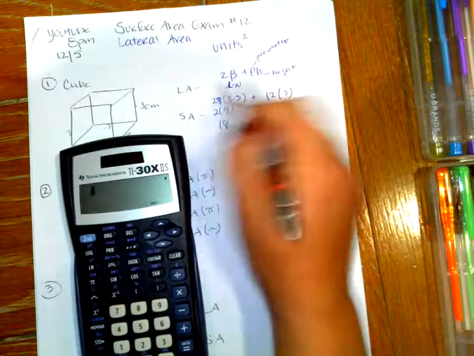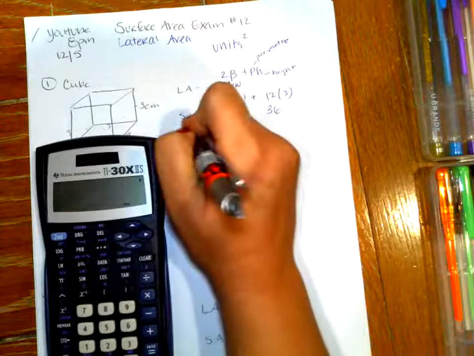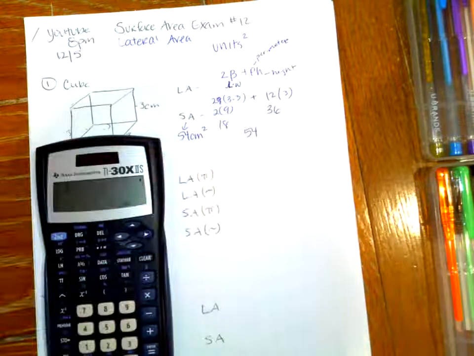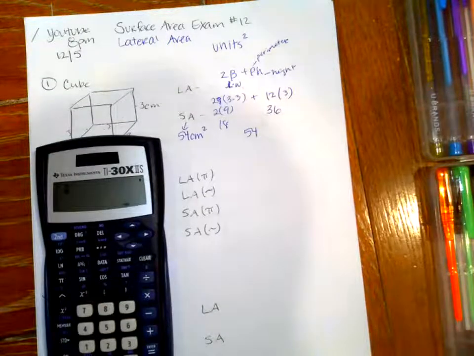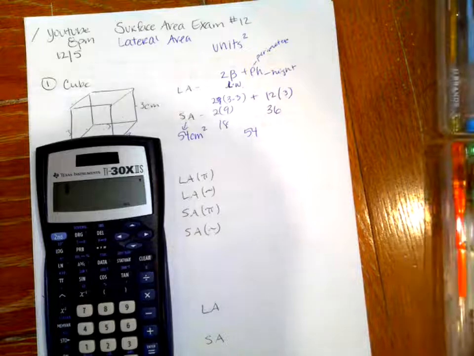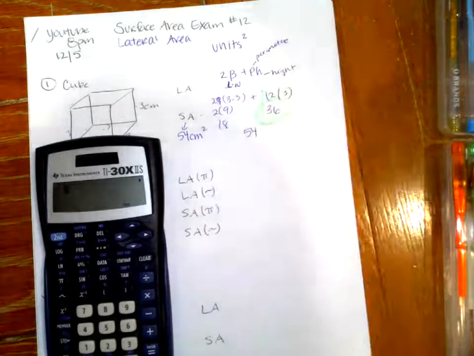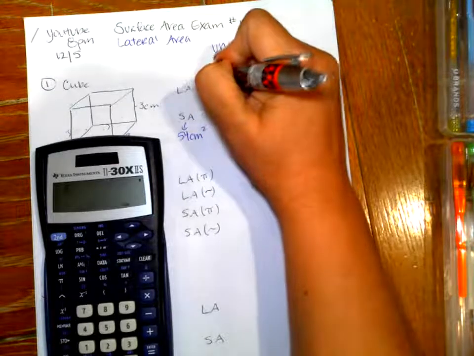I found my bases and my sides. So my surface area is 54 centimeters squared. That's what I found there. My lateral area is just this guy right here. So he's 36. My lateral area is going to be 36 centimeters squared.